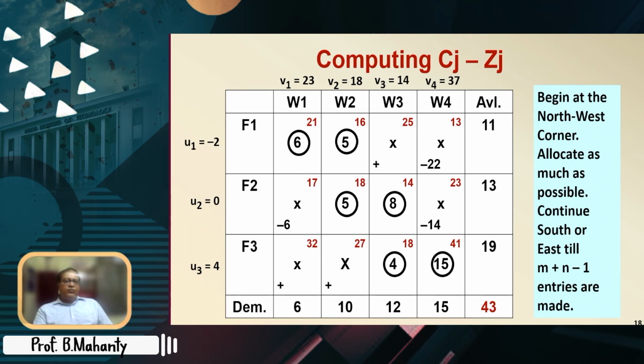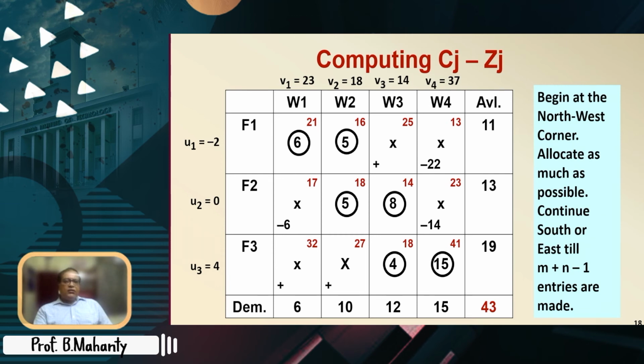So if you arbitrarily start U2 with 0, then you can write V2 equal to 18 and V3 equal to 14. Is it clear to all of you? Because if U2 equal to 0 and U2 plus V2 equal to 18, then V2 should be 18. Yes or no? Since U2 equal to 0, it will also give V3 equal to 14.